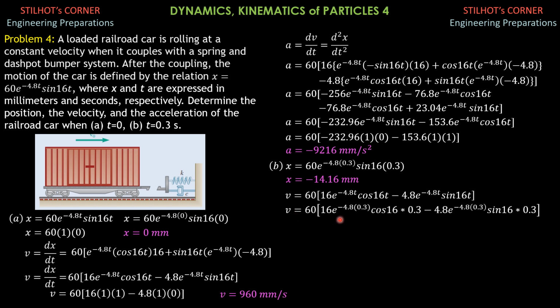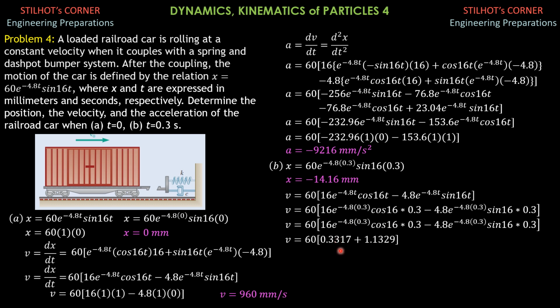So v is, using your calculator there in the radian mode, 60 times quantity the first term is 0.3317 and the second term is positive 1.1329. Then 60 times these quantities here, we have 87.88 mm per second positive. So that means it is rightward at time t equals 0.3 seconds.